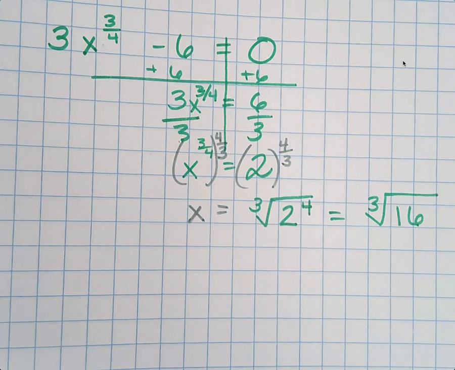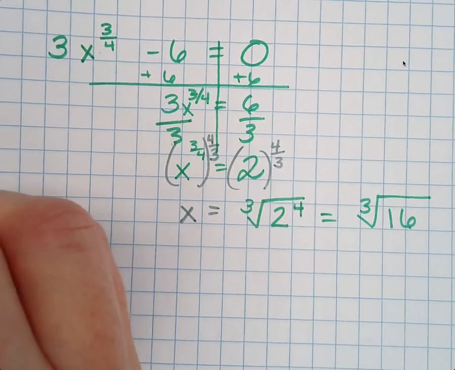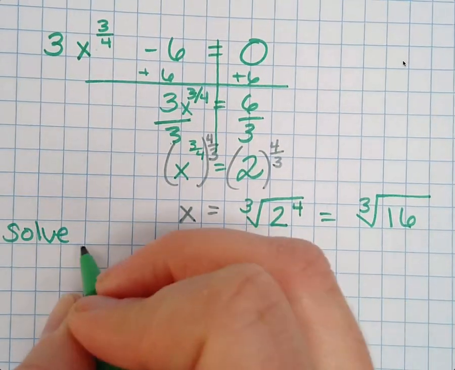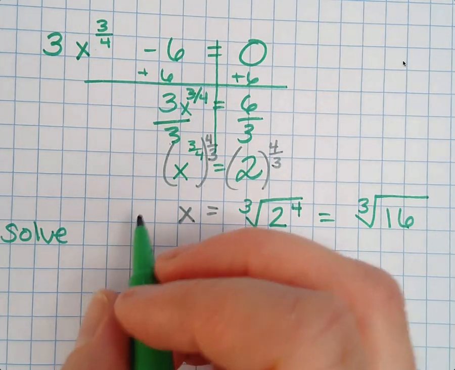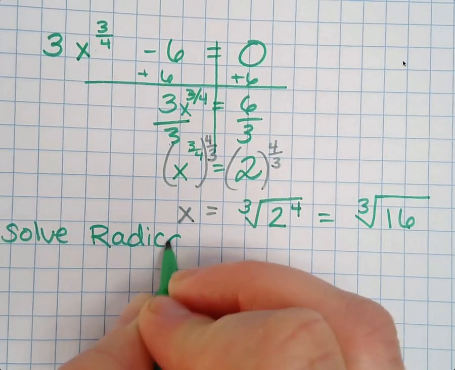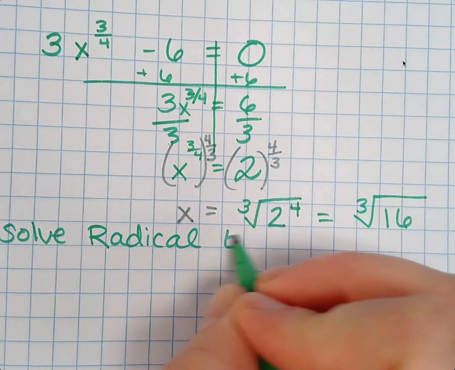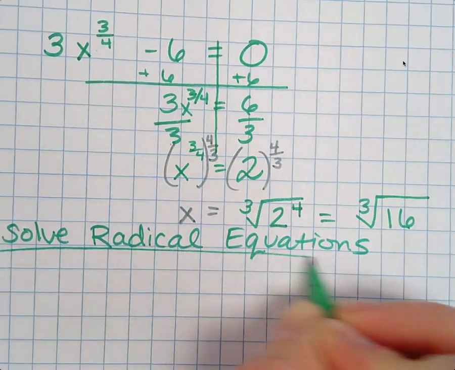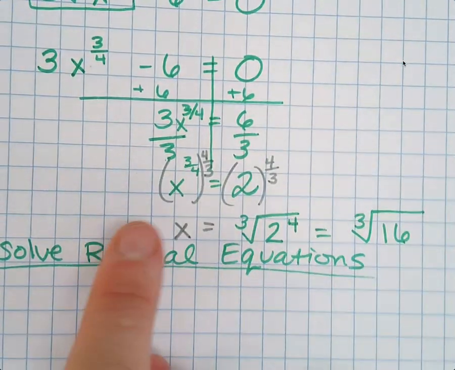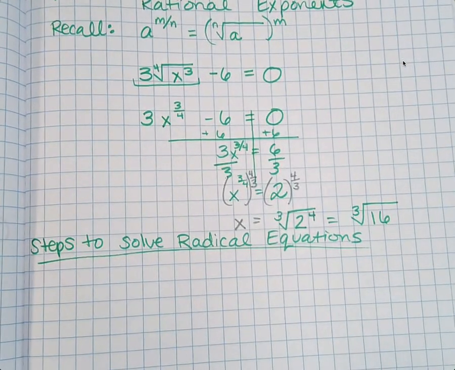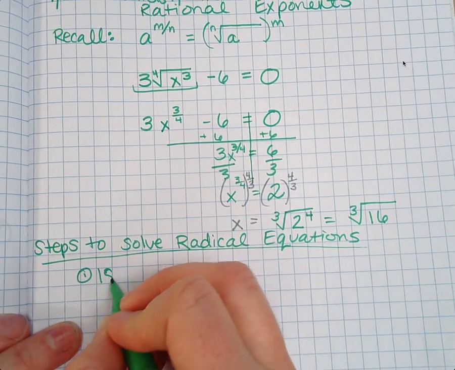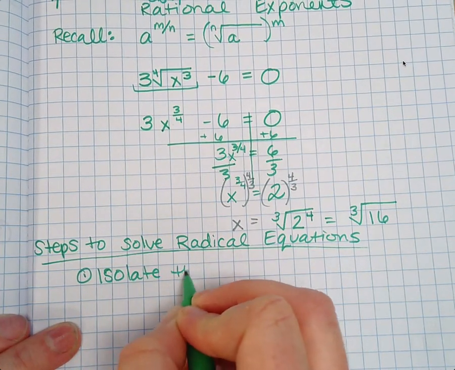Okay, so let's write the steps down that we did. So it's a rational exponent, which can be changed to a radical equation. So our first step was to isolate the radical.